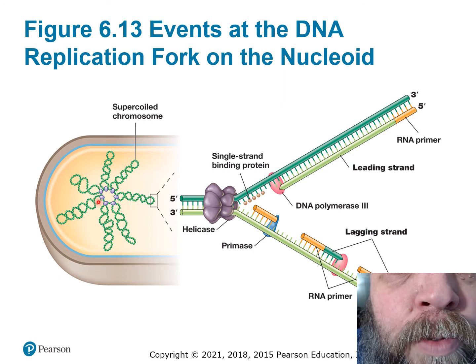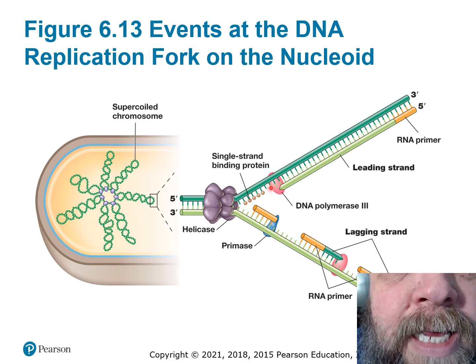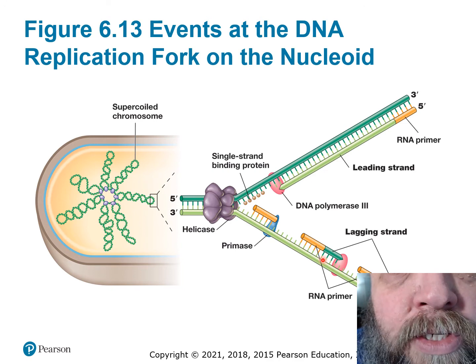So you have your supercoiled chromosome here in the nucleoid. One at this fork here, one strand is in the correct orientation, lay down one primer, and then just go. Follow the helicase. As it unwinds, DNA Pol III is right behind it, moving along, laying down new DNA. But the lagging strand is in the wrong orientation.